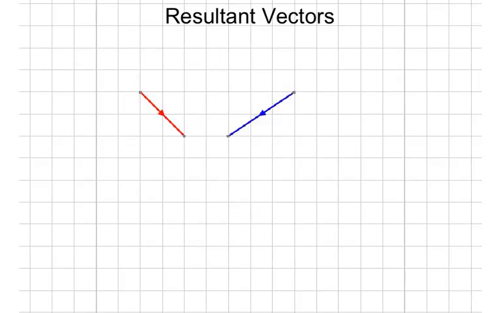Let's look at our other example. We once again have A here and this one is B. In a similar way we want to find A minus B this time rather than A plus B. The first thing we have to do is create minus B, the same line segment but in the opposite direction.